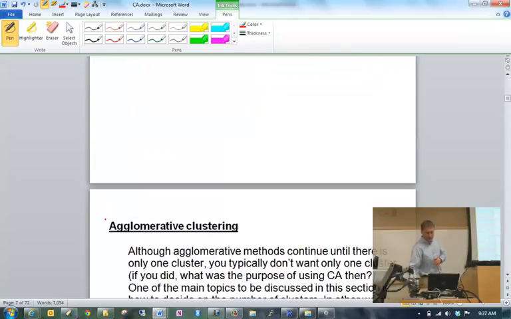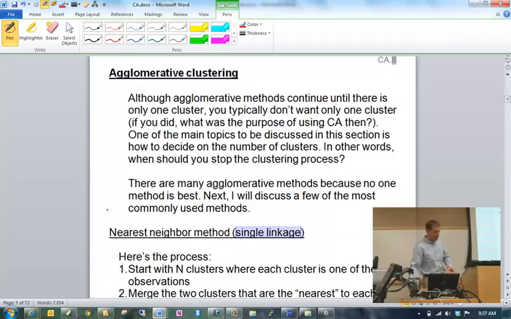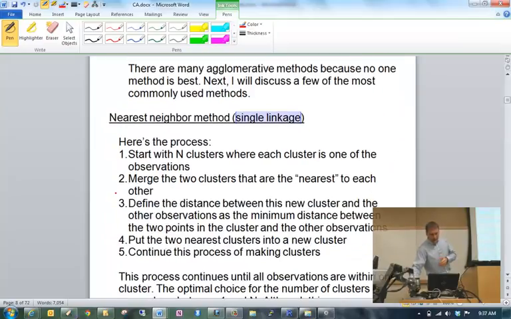Okay. So let's talk about agglomerative clustering. I can further subdivide agglomerative clustering into a whole bunch of other separate methods. It's interesting how cluster analysis has a whole bunch of different groupings and methods and subgroupings and so on. Let's take a look at the first one here.